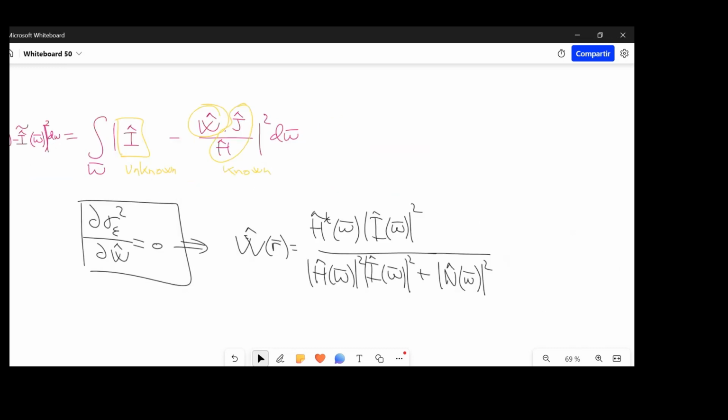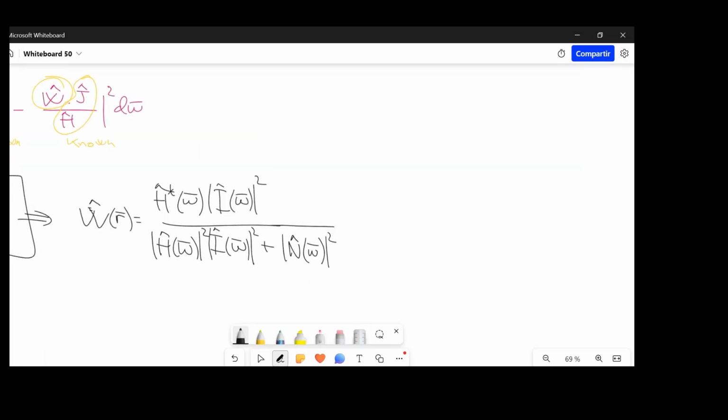Pretending that we know what the equilibrium is, but we don't know. But now we divide on both sides by I squared. I don't write the argument anymore, but it is here.